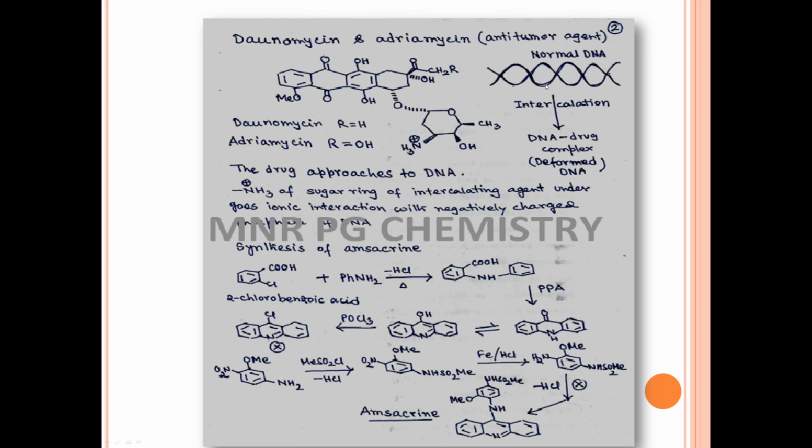So let us see that pictorial representation. This is a DNA double helix, and when the intercalation happens, if adriamycin and daunomycin come, then a DNA-drug complex forms that leads to a deformed DNA. Because of this NH3 plus, it goes to the vacant portion of the DNA double helix and undergoes ionic interaction, and because of that, that particular zone becomes deformed.